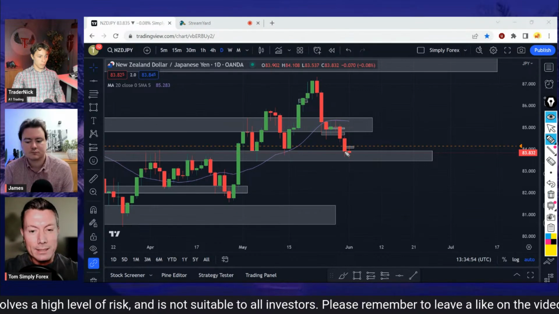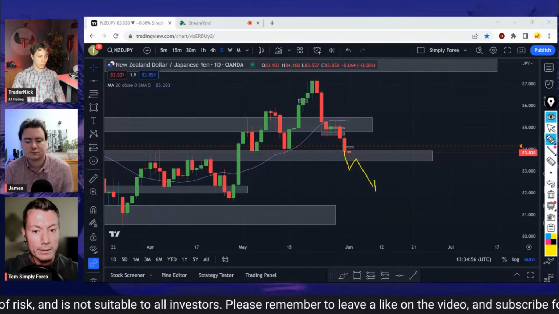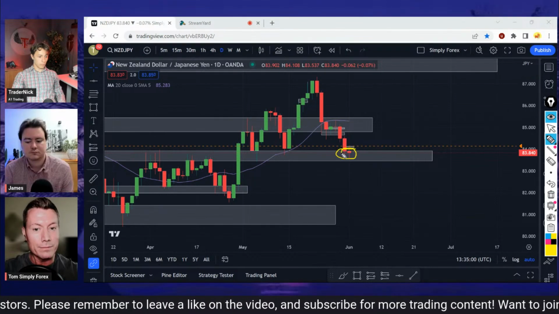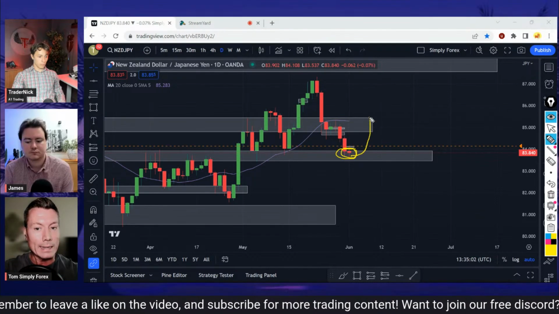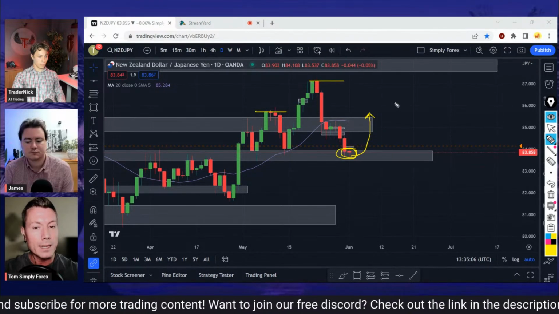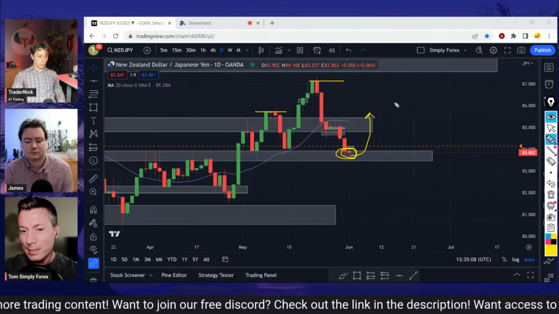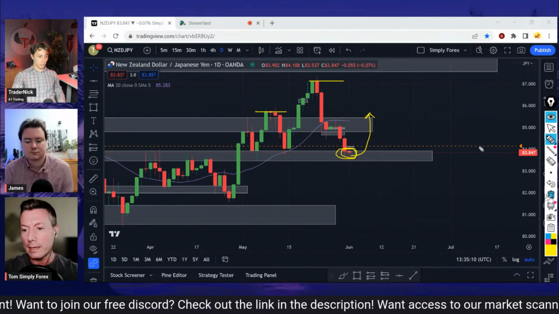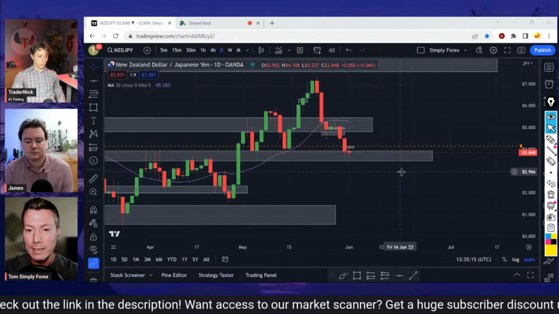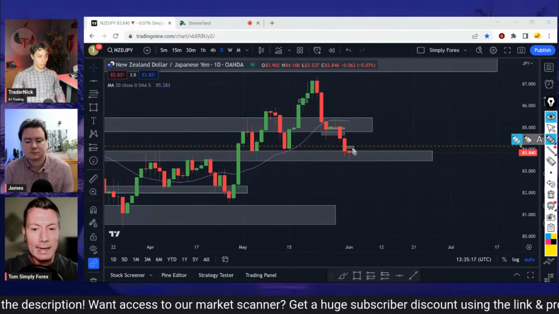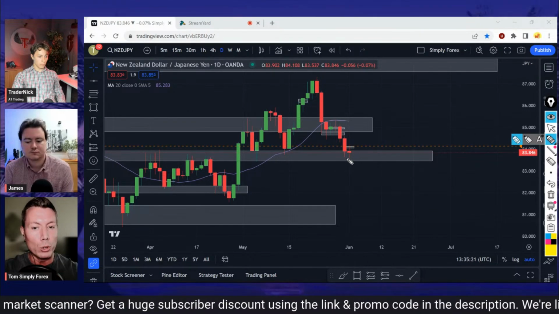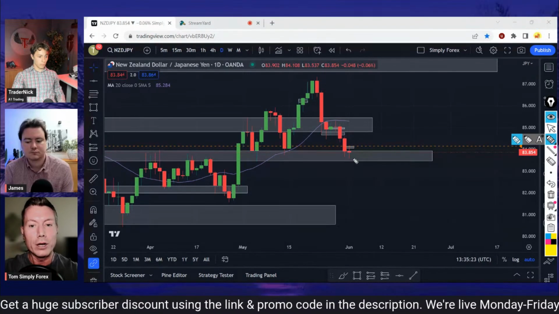So, is it the start of a potential break to the downside, or is this excellent value to start buying this pair, potentially back up to here or back up to here? So I'm seeing this on a lot of yen pairs. What would I want to see to start buying this? So at least a daily candle that's reasonably bullish. That's my first criteria.